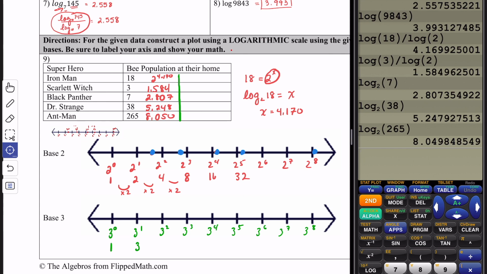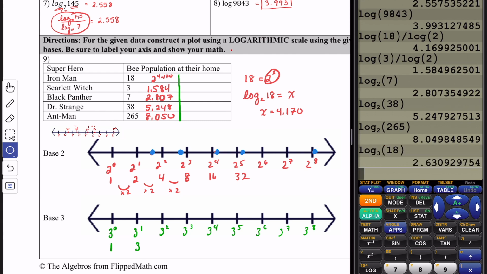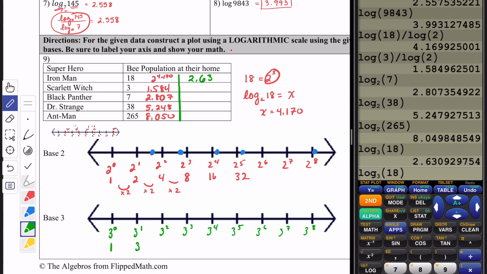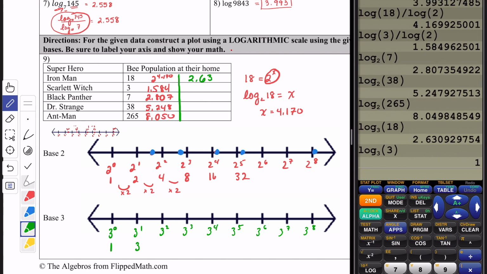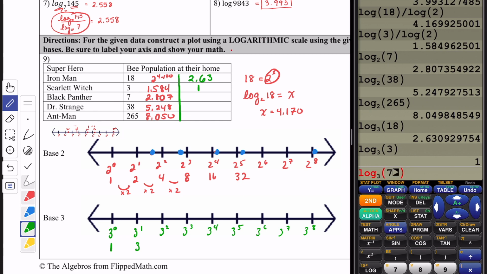So let's do them in green here. I'll go second, enter. This time I'm going to change the base down here to base 3 though, and then I'll do my numbers again. So let's get rid of a few of these here. Let's start with the first one, 18. 2.63. Now change it to a 7.